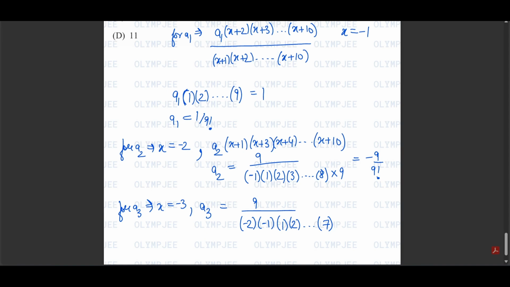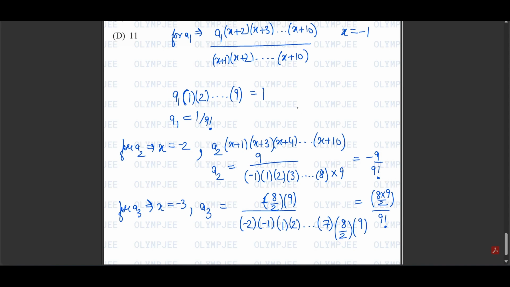Sorry, this was 1. So here 8 and 9 are missing, and there is an extra 2. So I need to multiply it by 8 by 2 and 9 to make it 9 factorial in the denominator, right? And this would be 8 by 2 multiplied by 9. So this is 8 multiplied by 9 by 2 by 9 factorial, right?